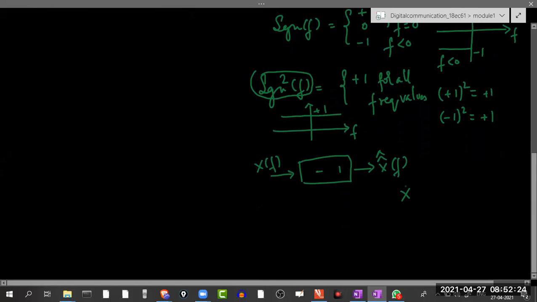So this X double cap of f is as good as negative X of f. Or if I apply the inverse Fourier transform, I'll get small x double cap of t, in turn equal to negative x of t.